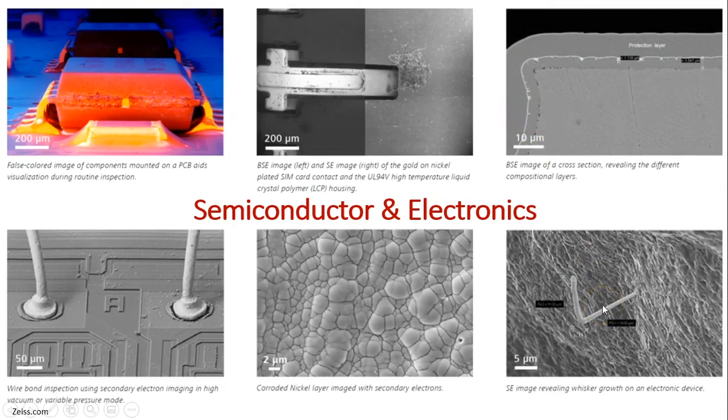And this one is a secondary electron image to reveal a whisker growth on the device surface. This kind of growth sometimes may cause a short circuit. So using SEM in manufacturing, you can analyze sample failure, or analyze the reason why a component doesn't work, or why it works.